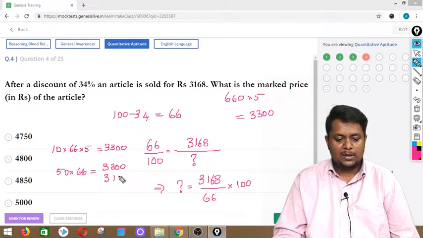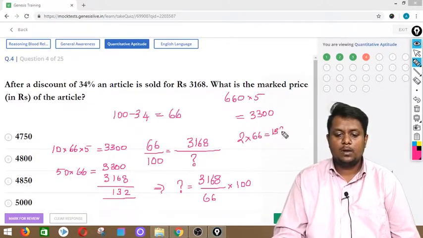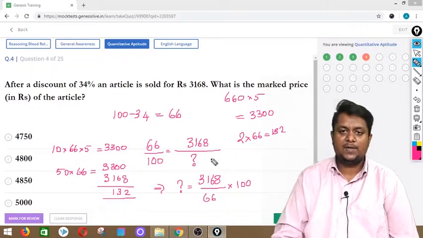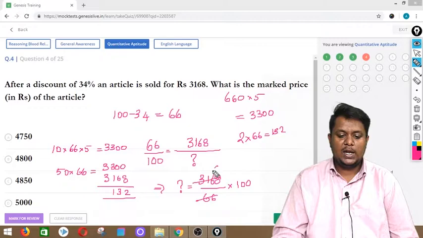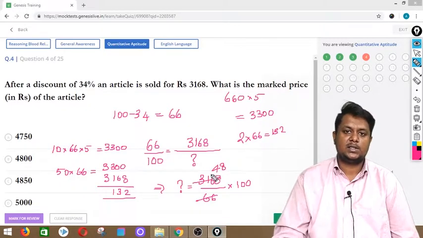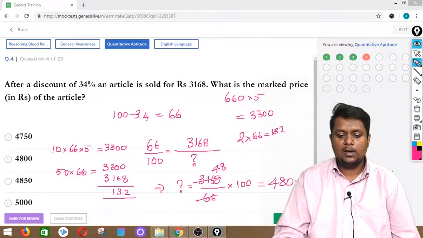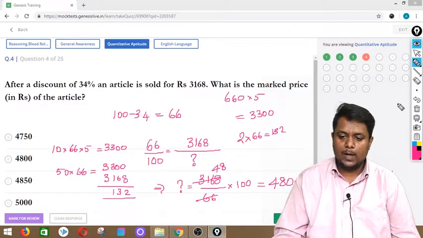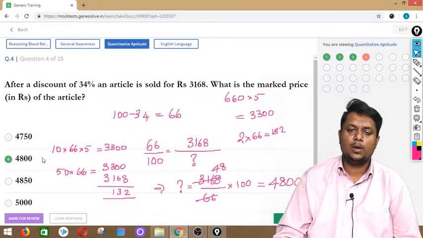So let us subtract 3168 from this. You see, you get 132. 132 is nothing but 2 times 66. So 3300 is 50 times 66. 3168 is 48 times 66. 48 into 100 is 4800. So that will be our answer. We have to mark option B for this particular question.